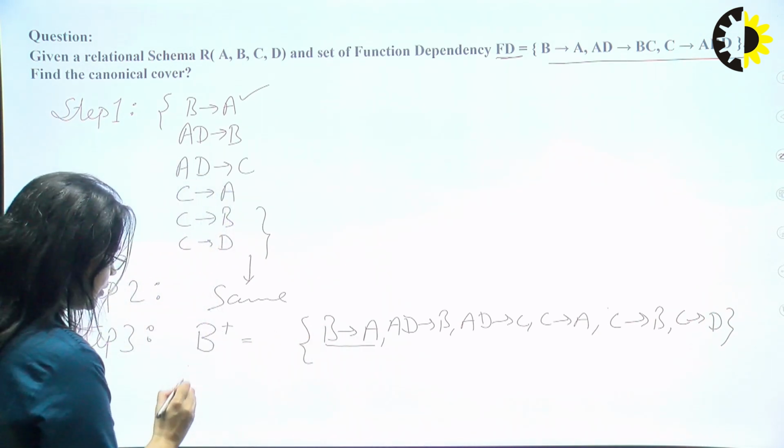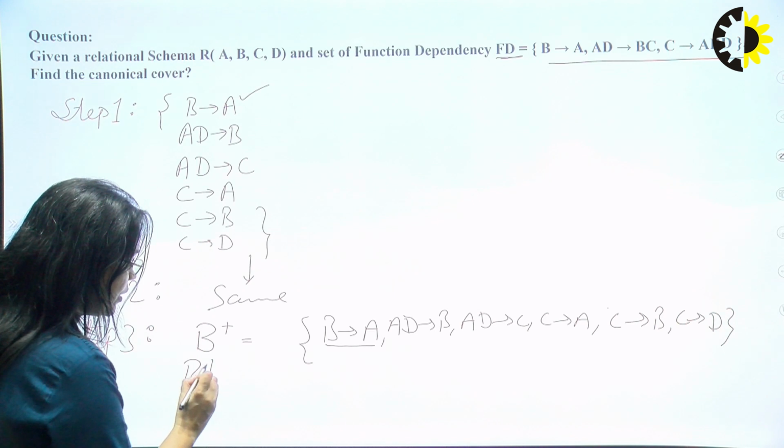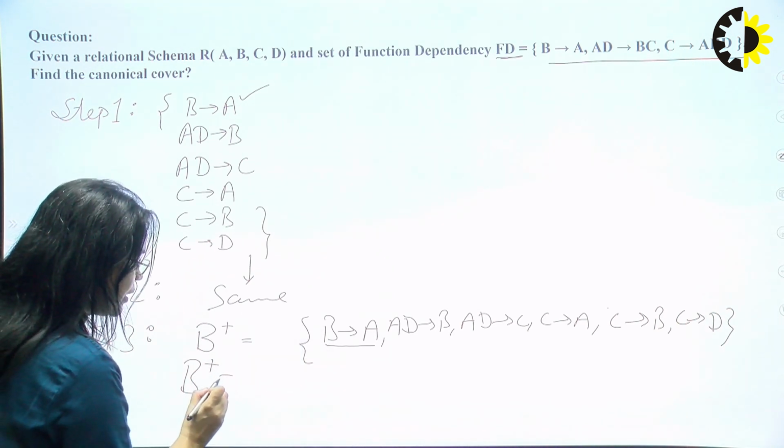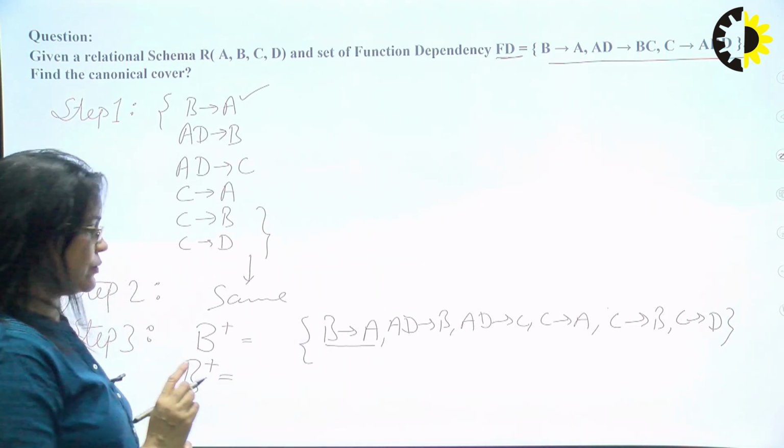So, this is the first step. Now, by excluding this functional dependency, we will again calculate the closure, right?